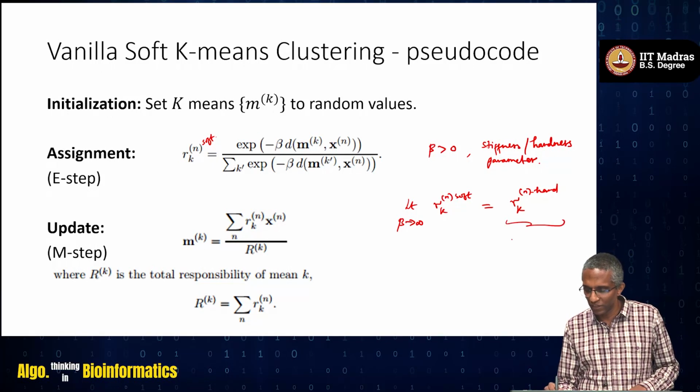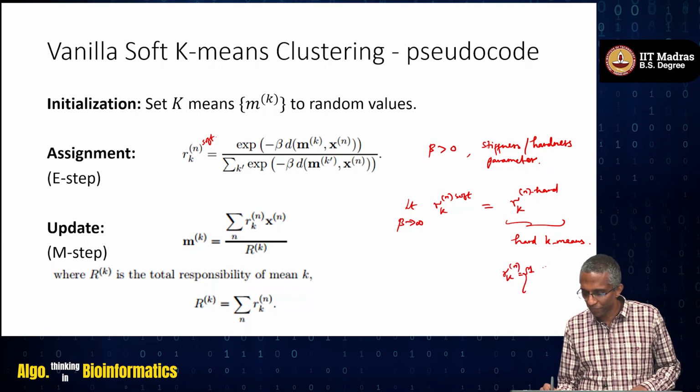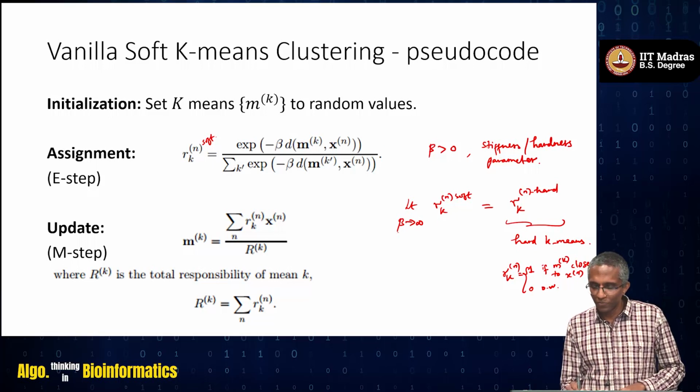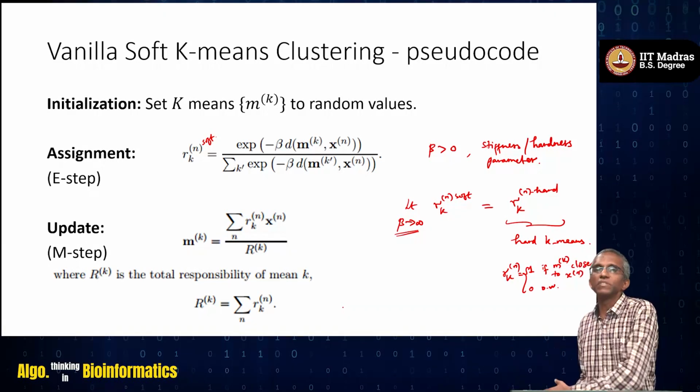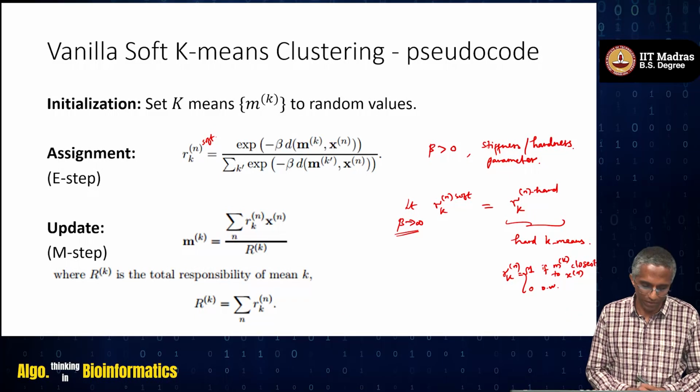So this is the hard k-means version, where we said that Rk of n is 1 if m of k, the kth mean, is closest to x of n, and 0 otherwise. Here the soft version is what is shown here. So if beta is very large, then there is no difference between the soft k-means and hard k-means. The soft k-means becomes the hard k-means. And that is why this beta is called the stiffness or the hardness parameter.